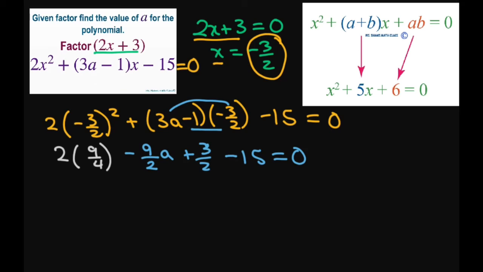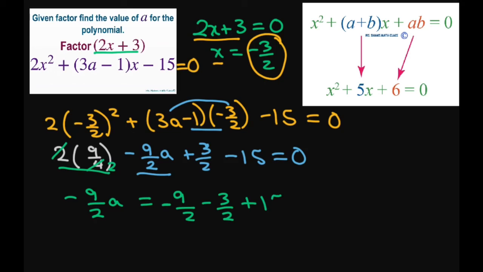All right, so I'm going to keep this here. We have negative 9 divided by 2a. I'm going to move this over. 2 goes into 4 2 times, so that's going to be 9 halves. It's positive, so now it's not negative. Subtract 3 halves, add 15. So let's see what we get.